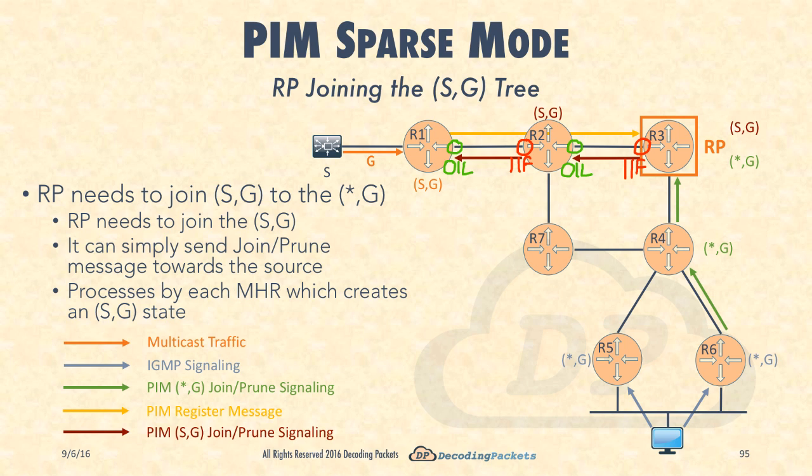And if you were really looking at this tree, let's give it the color green, why not? Or blue, we haven't used that. So from R3, because of all of these states and all of this signaling, the S, G tree looks like this. So we already had a star, G tree, and now we have this S, G tree.